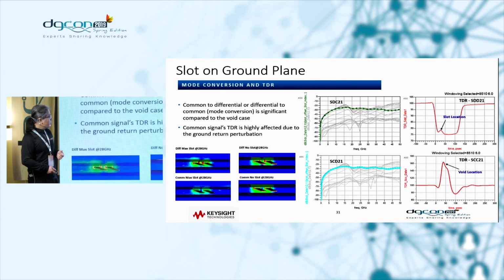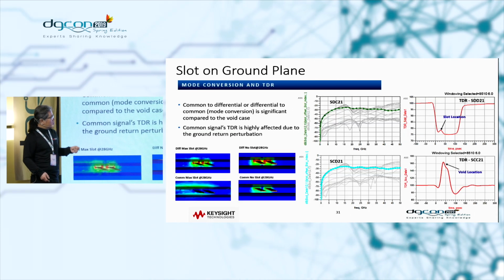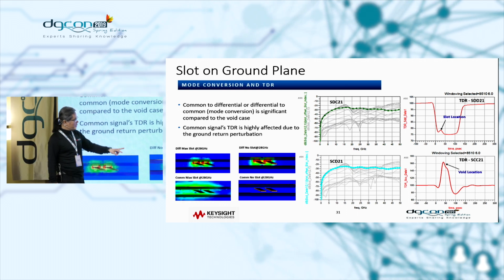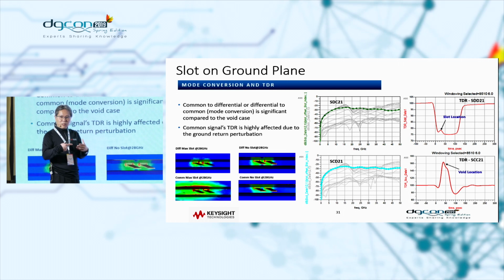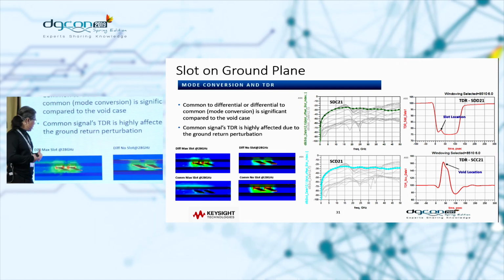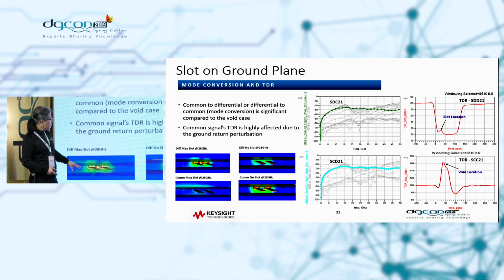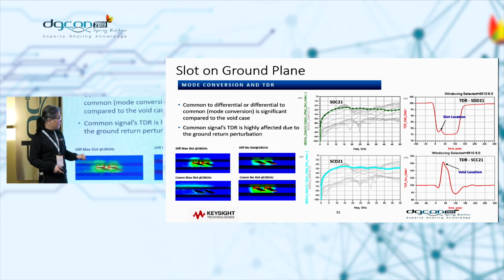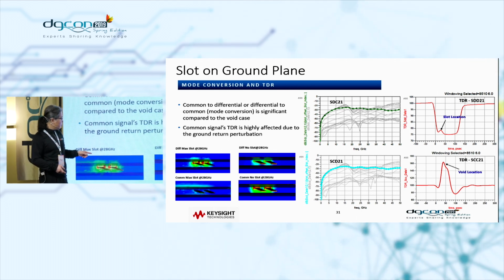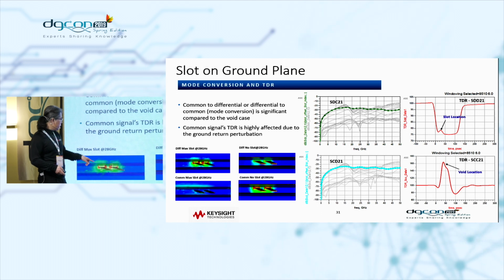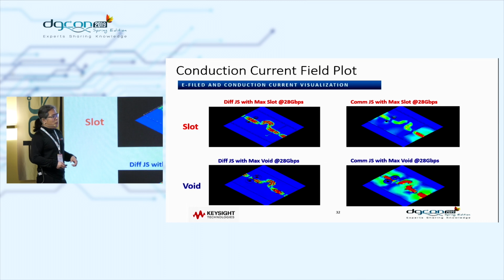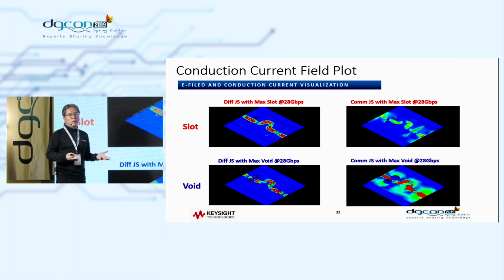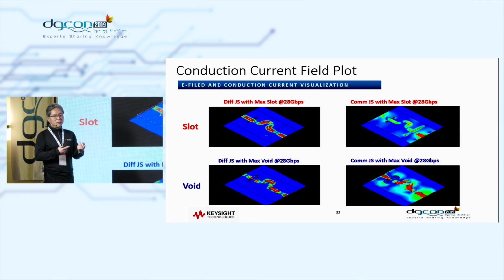So looking into these DC or CD components, now you see that there is a lot of fluctuation depending on how much slot you are creating, and also by looking into all the field data, you can see there are more problems with the common mode than the differential. So which one is really worse between the slot and the voids?